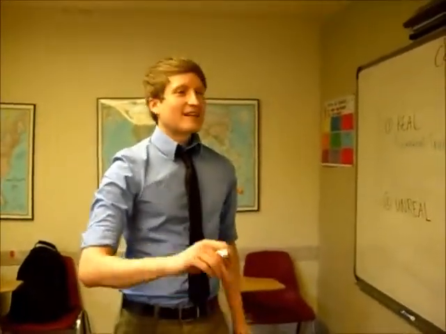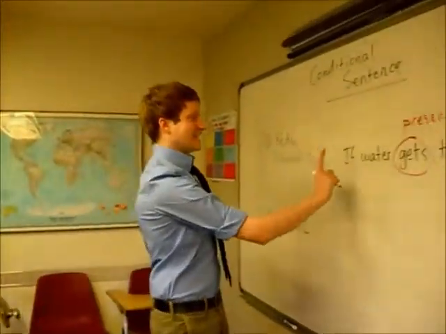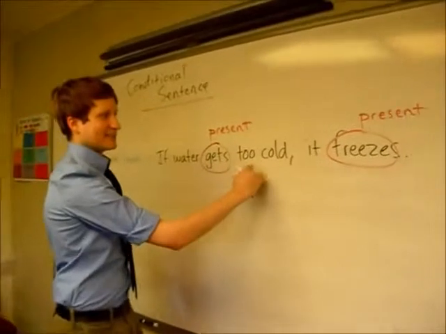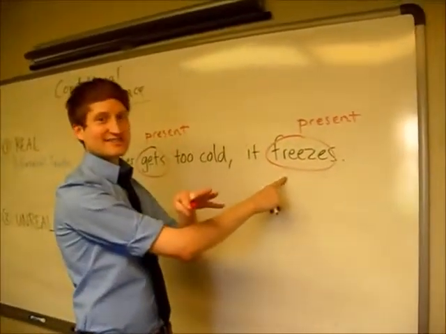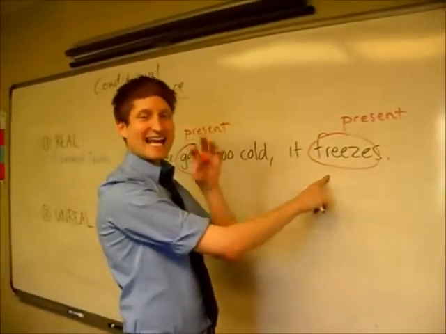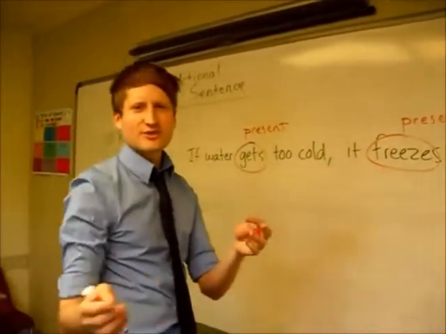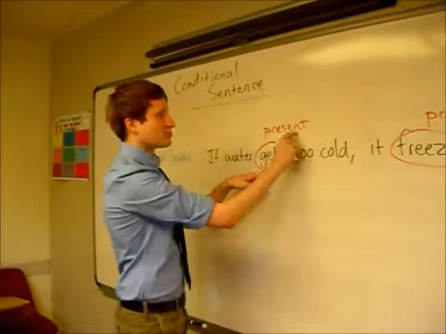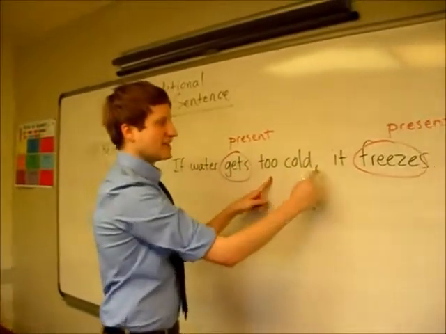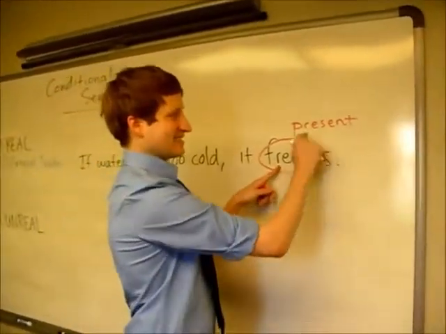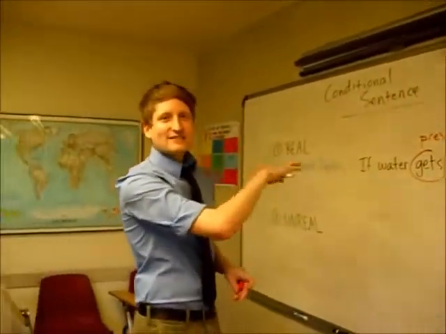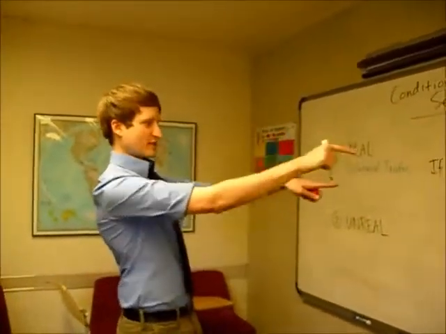You could say, like, my father: if my father is angry, he yells. He speaks in an angry voice. And it's always true, every time. If my father is, present tense, angry, he yells, present tense. So if it's science, if it's a fact, if it's always true, you can use present.